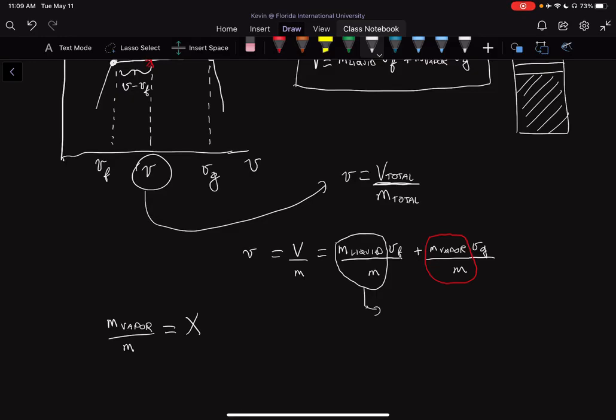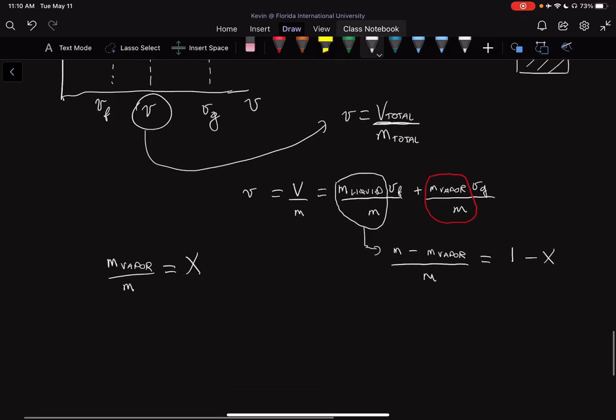The mass of liquid is essentially the total mass minus the mass of the vapor, over M, which is equal to 1 minus x.